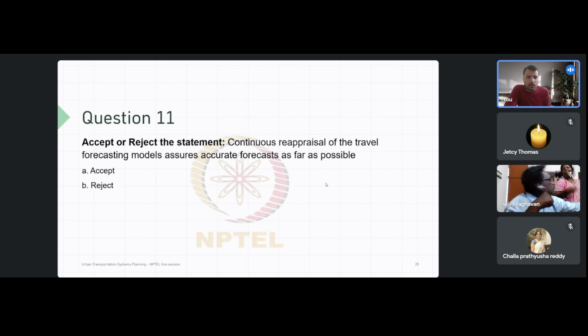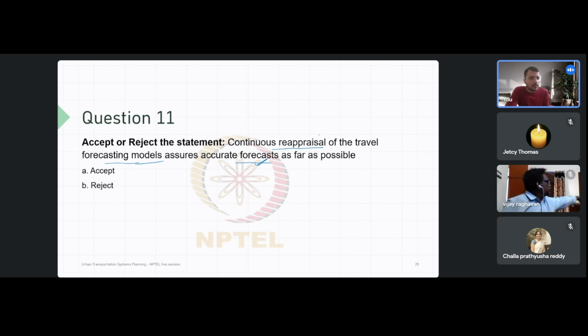So we are talking about continuous reappraisal of the travel forecasting models assures accurate forecasts as far as possible. Once we develop the forecasting model, we try to keep predicting the level of traffic or the variable that we want to predict in the future as well. If we keep predicting it every year, we'll ensure that the forecasts will be accurate because we are doing it again and again rather than doing it one year and then waiting.